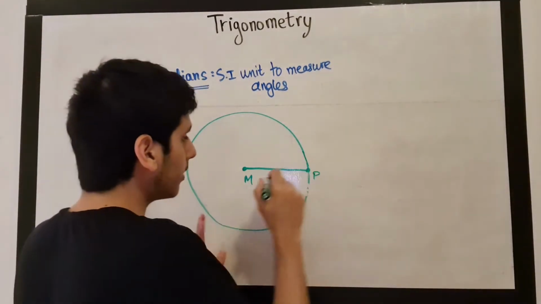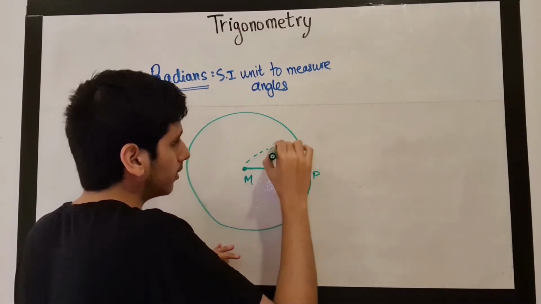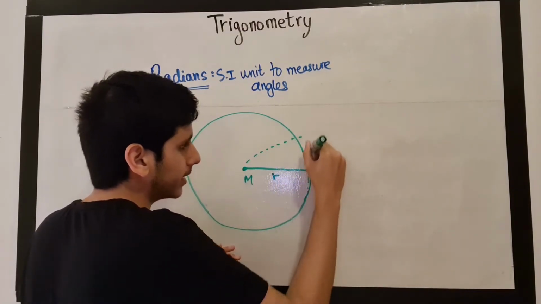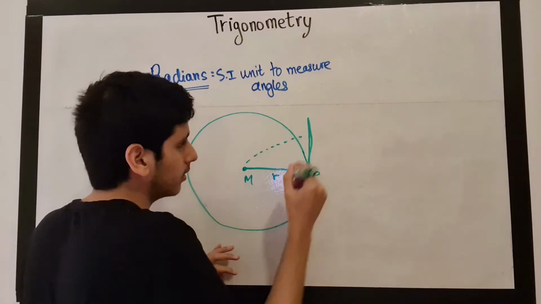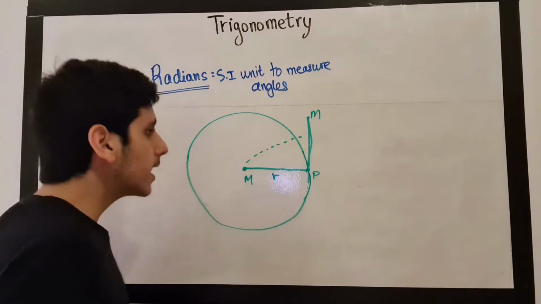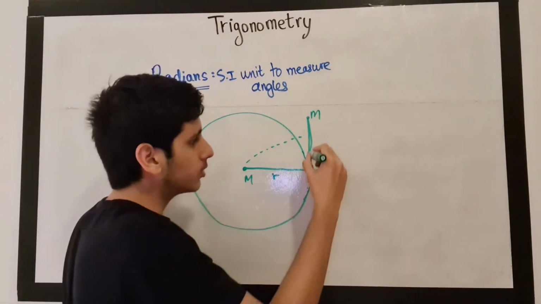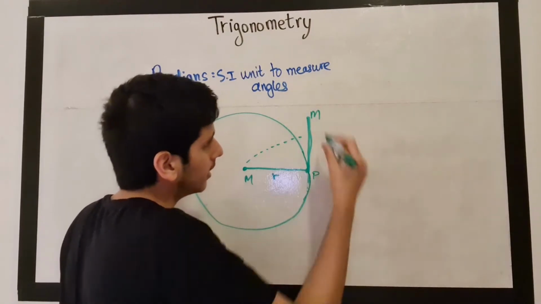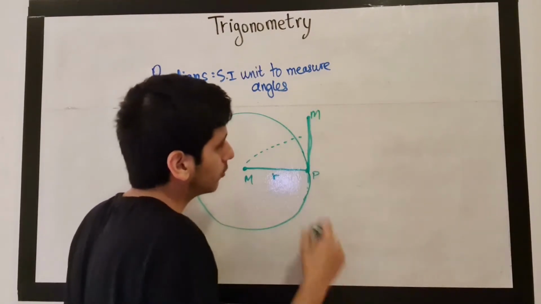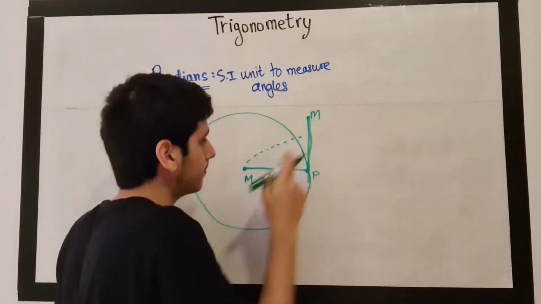And I'll choose this length, and I will make it erect so that it is perpendicular, and it's the same length MP, okay? So what I'm doing is I'm now just extending from point P to a line segment to a point M, extending it to point M.